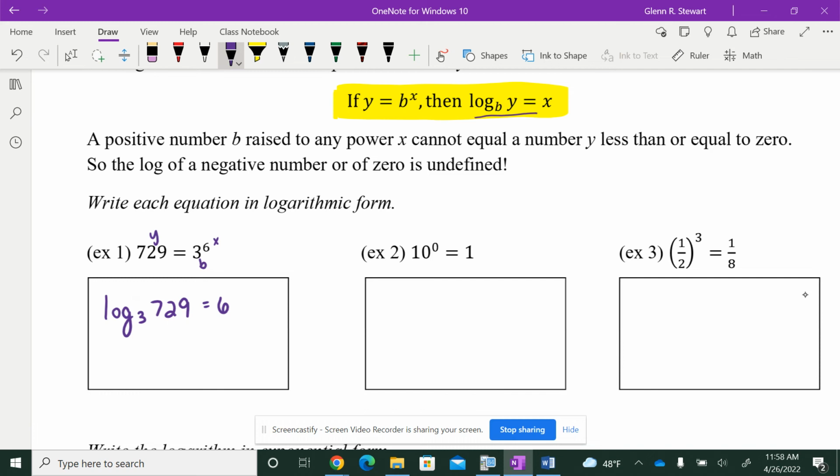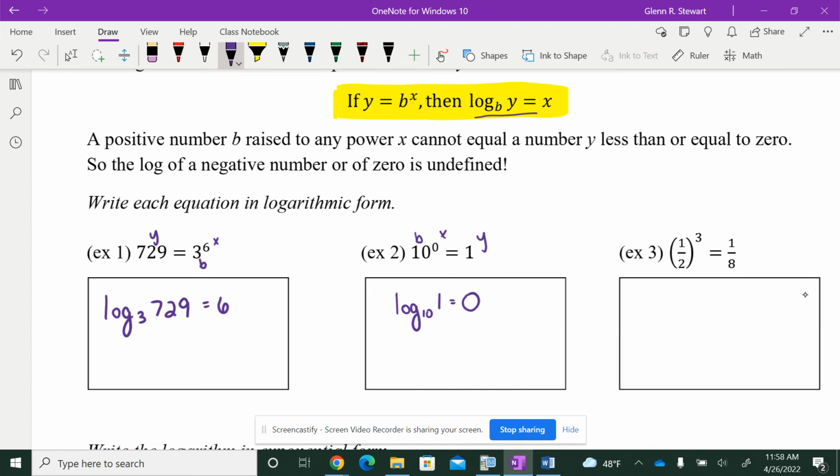So for instance, in example number 2, again, I'm going to label each of these. This is b, this is x, this is y. So log base 10 of 1 is equal to 0.